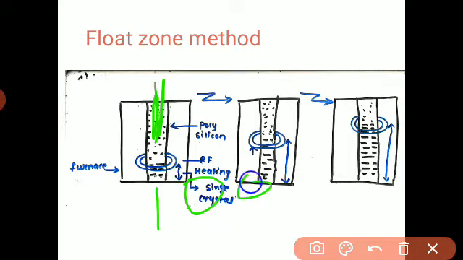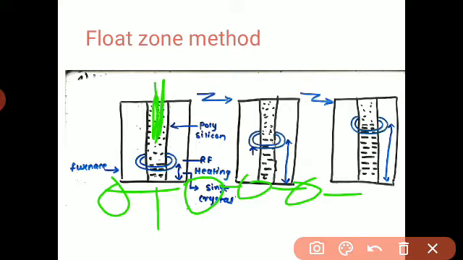The dangling bonds want to be completed by using polycrystalline atoms. By using this RF heating, we create a melting zone of polysilicon and single crystal, and the dangling bonds complete and we get our single crystal.